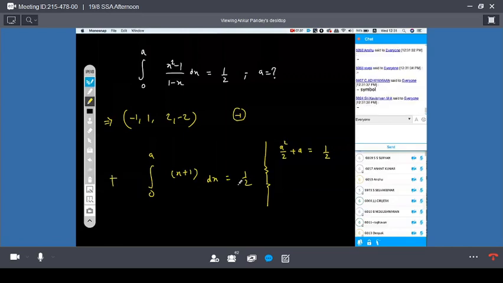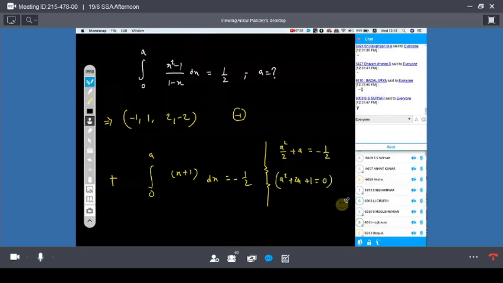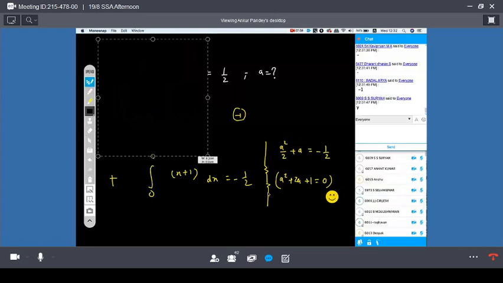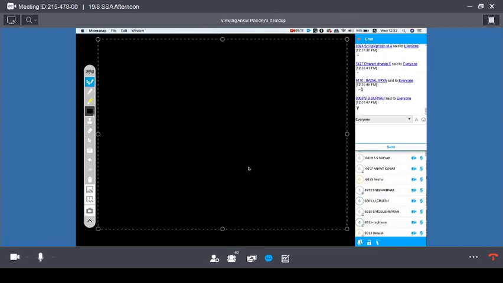With a negative sign, so I can send this negative here. Then I'll take the LCM. A square plus 2a minus 1 plus 1 is equal to 0, and that's a happy thing for me. Easy. The definite integral is promisingly going to be easy for you. Don't be worried on that line.